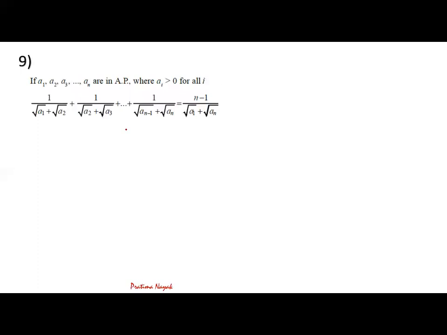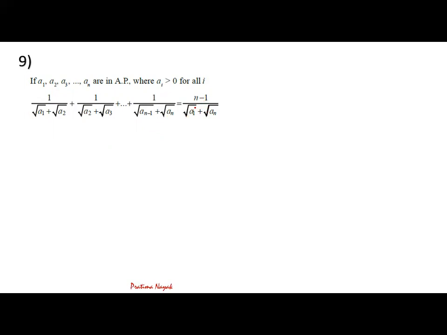Next is another expression like this: if a1, a2, a3 are in AP, then 1 upon (root a1 plus root a2) plus 1 upon (root a2 plus root a3) up to 1 upon (root an minus 1 plus root an) is equal to (n minus 1) by (root a1 plus root an).